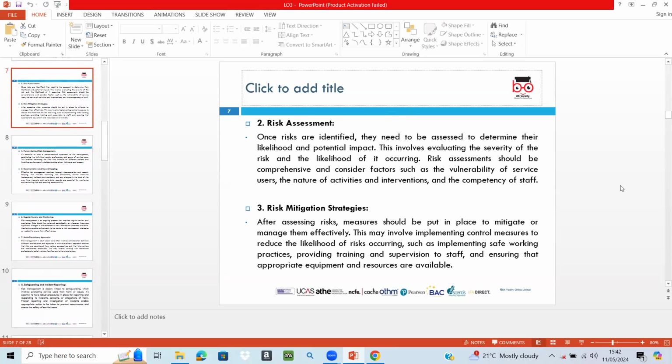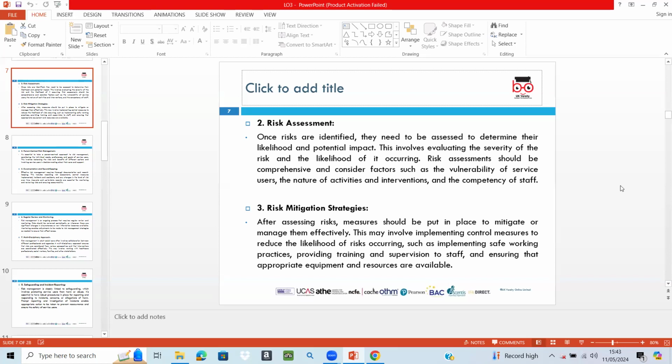So we have risk assessment and risk mitigation strategies. As we discussed earlier, risk assessment is a critical process that follows risk identification and involves evaluating the severity and likelihood of potential risk. Factors such as vulnerability of service users, types of activities or interventions being carried out, and staff competency levels are taken into account.